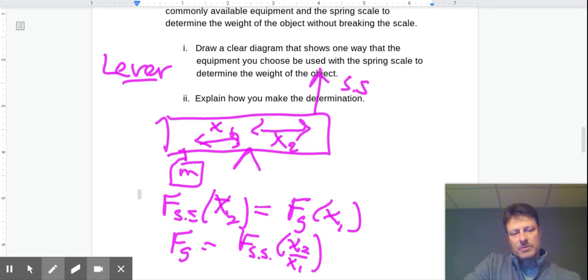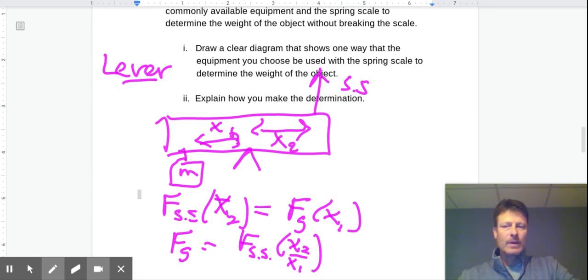Other things you could use that they wrote down are an inclined plane or a pulley system to figure that out, but you'd have to show how it worked. As long as you don't say you're using a frictionless inclined plane, which doesn't seem that realistic, you're probably not going to get full credit.